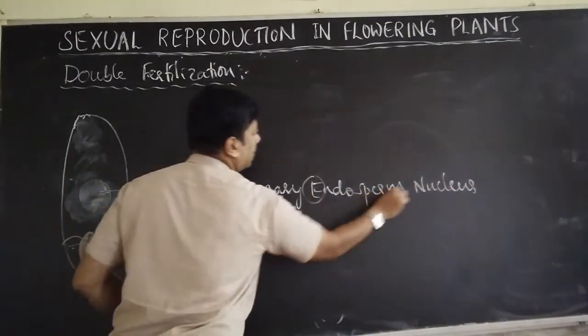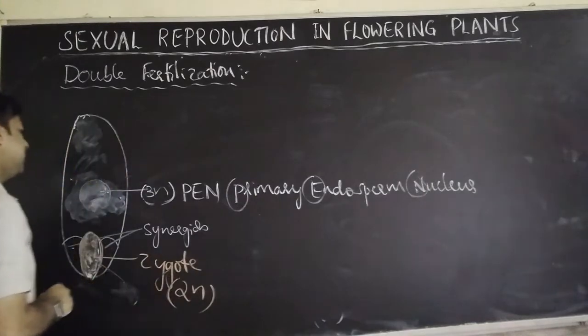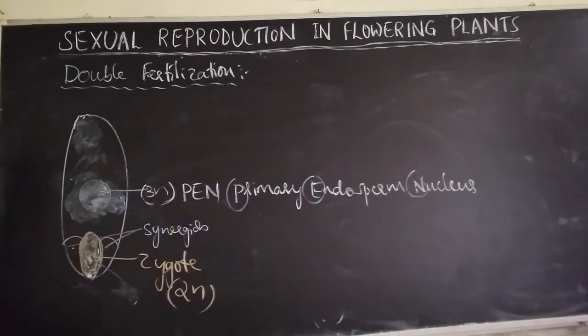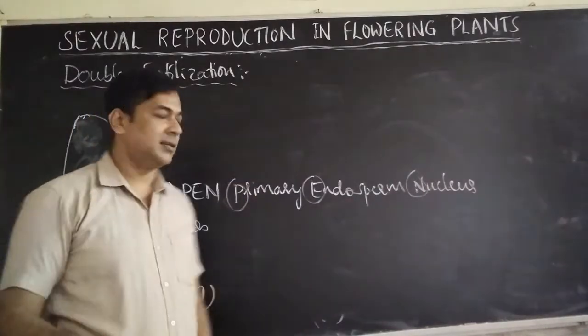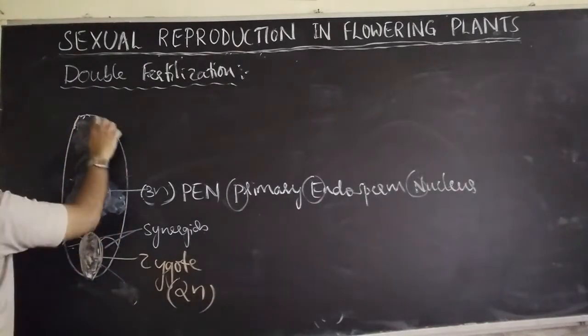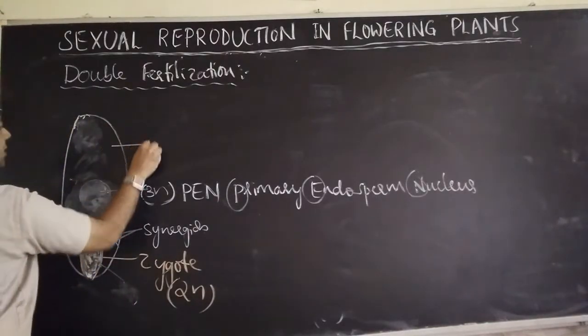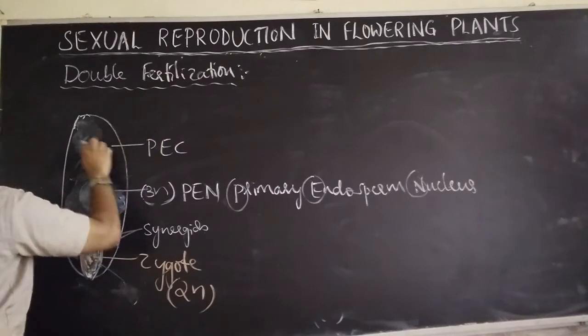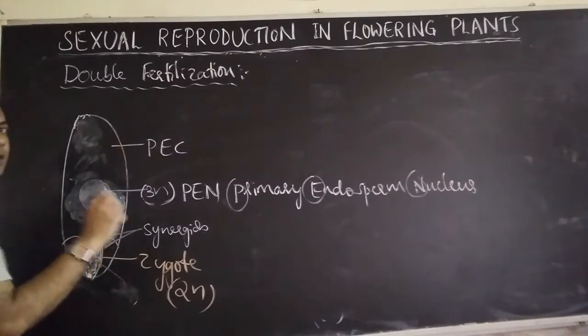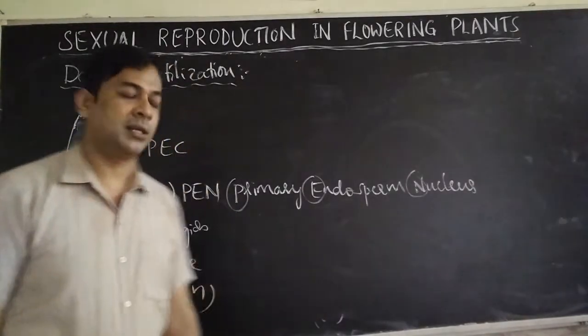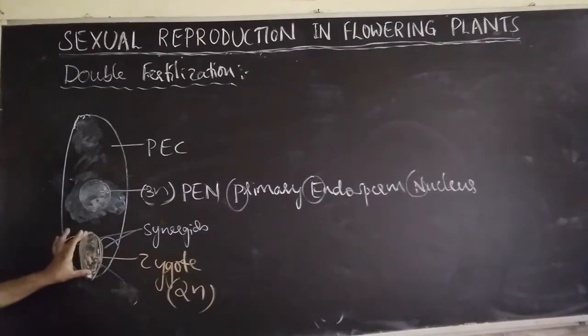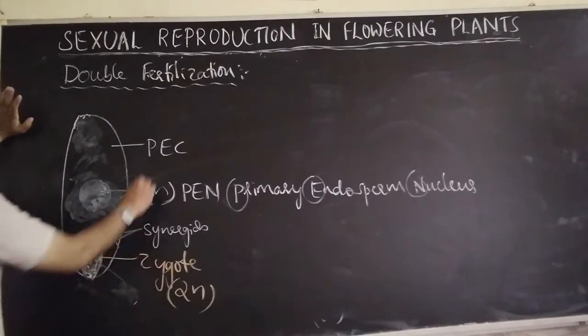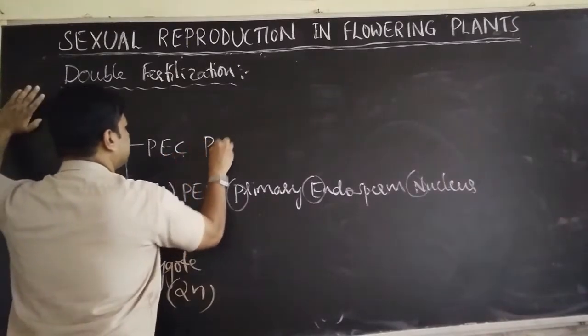This is a nucleus. Usually a nucleus will be in one cell, no? So if this is a nucleus, then what is this cell? This is called PEC, primary endosperm cell. Except this zygote, remove the zygote, as the zygote is already formed. Except this orange part, all the remaining part is the primary endosperm cell.